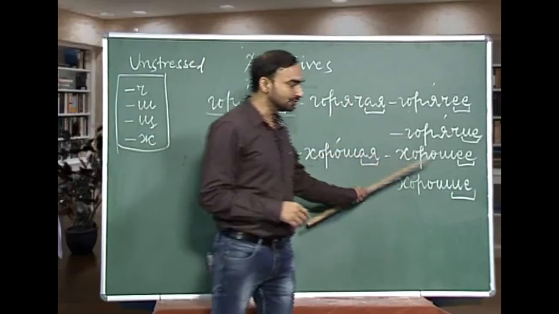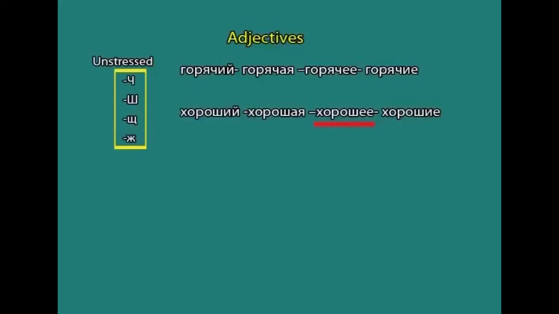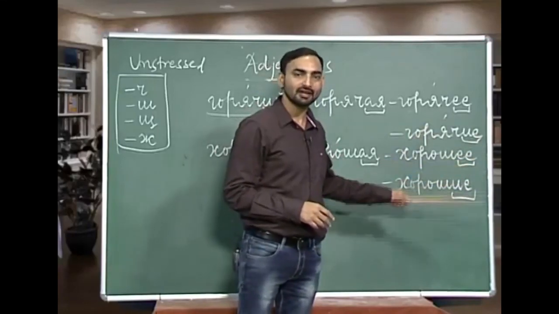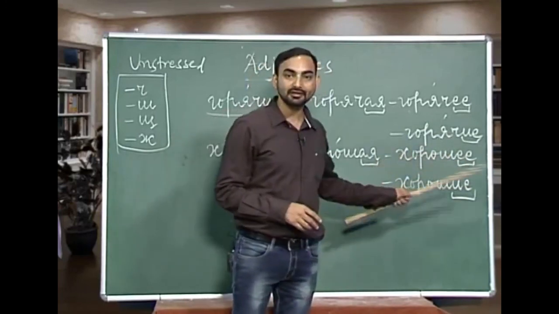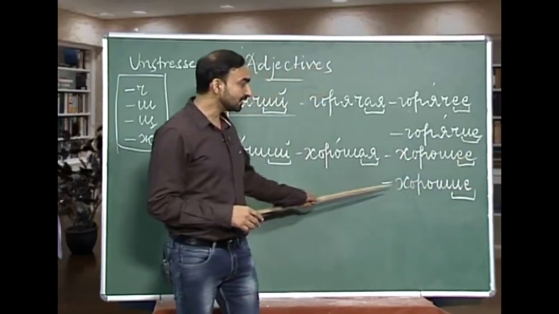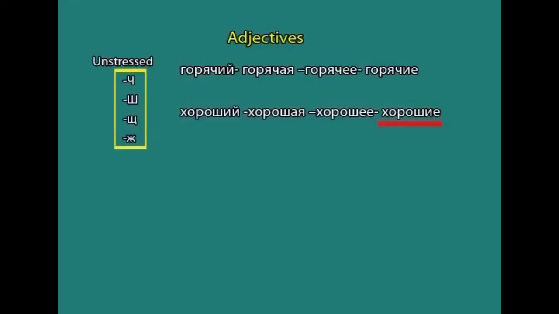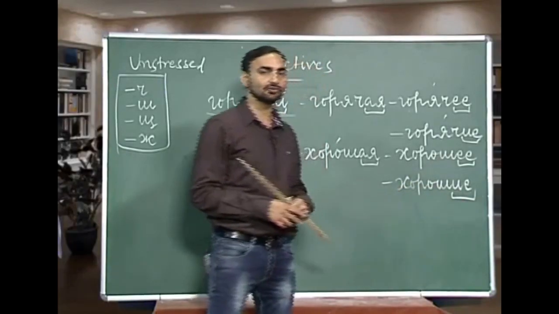If the noun is neuter, then we change it as kharoshe, kharoshe palto, kharoshe akno and so on. Kharoshe palto is a good dress. And if the noun is plural, for example, kharoshiye kvartiri, nice flats or so on.